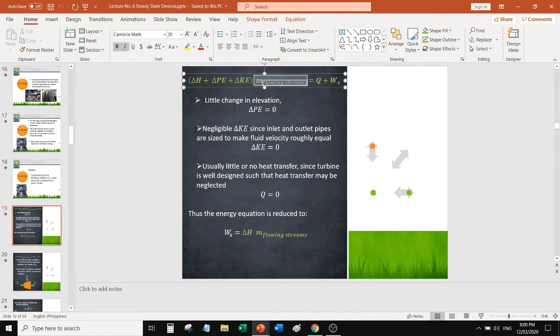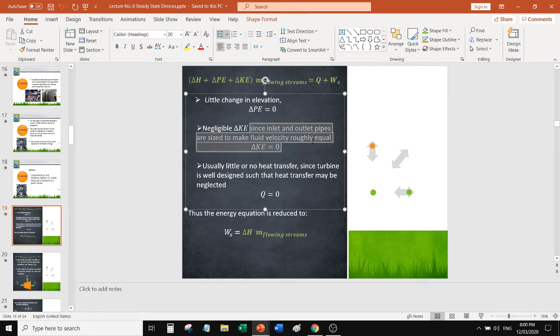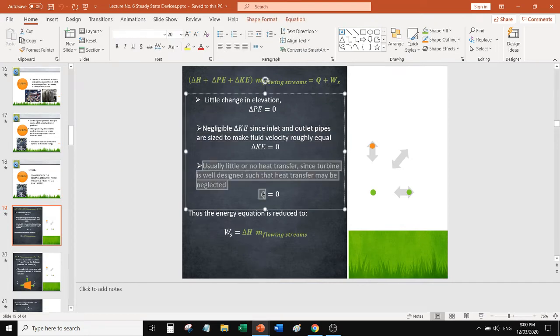Why can we? Since the inlet and outlet pipes are sized to make the fluid velocity roughly equal. So if the fluid velocity in the inlet and the outlet is equal, then yung delta kinetic energy would be 0. We can also assume a very efficient turbine such that there would be no heat loss to the surroundings.